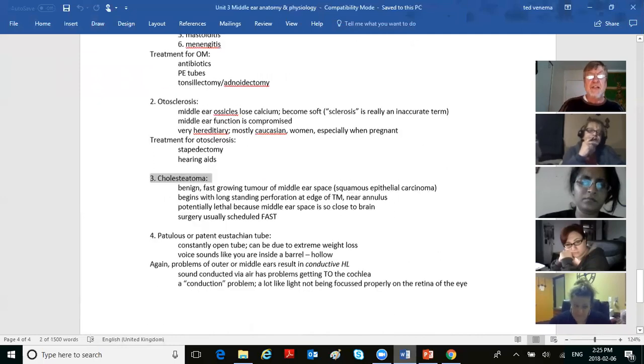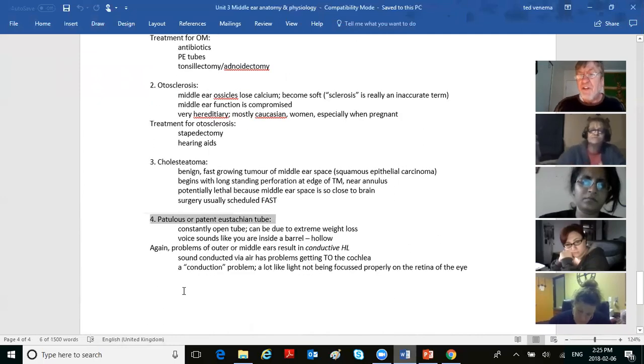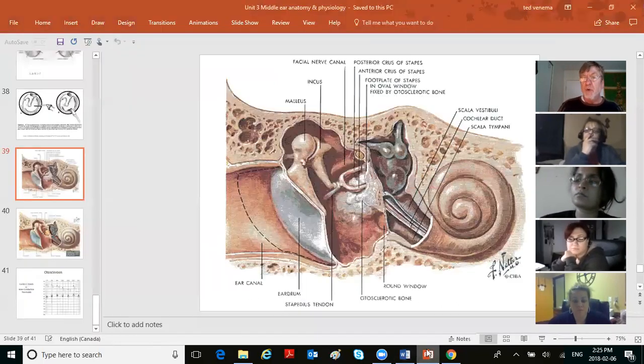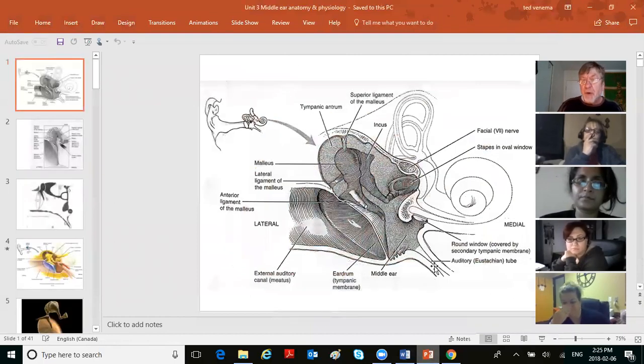And the last one here, patulous or patent eustachian tubes. Now that's when the eustachian tubes, instead of being closed, are mostly open. So this eustachian tube going down to the throat doesn't close. And that's going to happen in people who've lost too much weight in too quick a time.